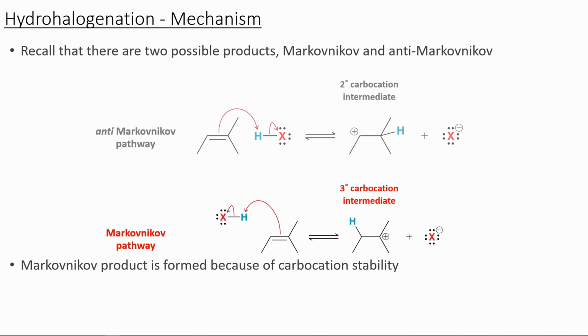And in this case, a general rule, the ability to rearrange is always going to occur if there's a more stable position nearby. So the secondary carbocation intermediate would rapidly rearrange to a tertiary carbocation intermediate. And so we'll always have, under these conditions, the Markovnikov product form because of this carbocation stability.